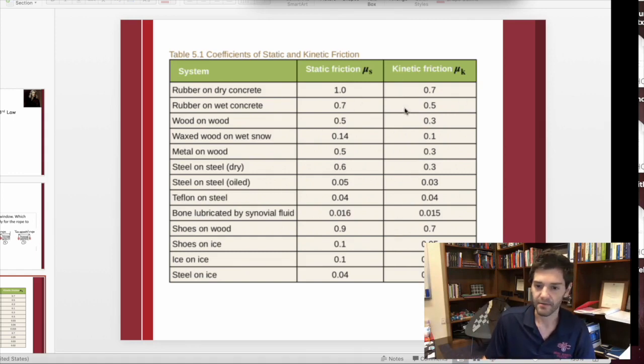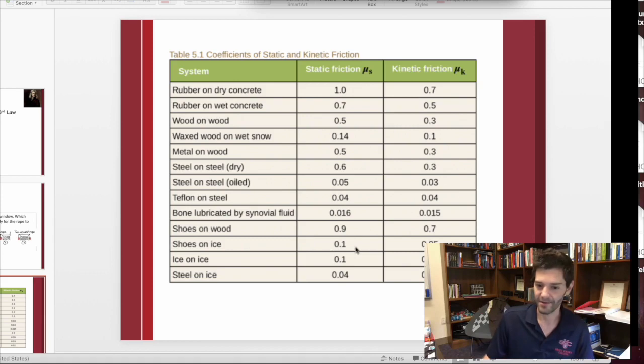And you can see, given that model and given our intuition of friction, dry concrete is safer than wet concrete. The amount of friction is less; the coefficients get lower. Shoes on wood compared to shoes on ice: walking across a wood floor is much safer compared to your rubber shoes walking across ice, where the static friction coefficient is quite low.